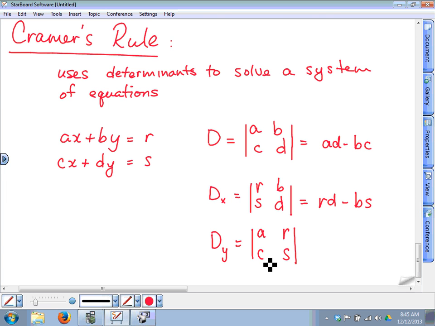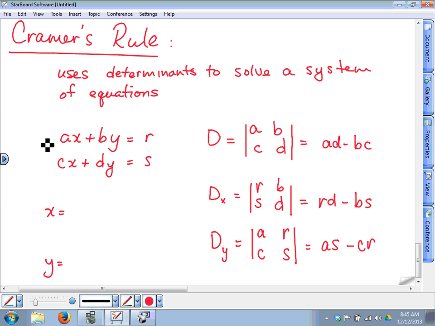So you're going to put an A and a C. That determinant is AS minus CR. Multiplication's commutative.